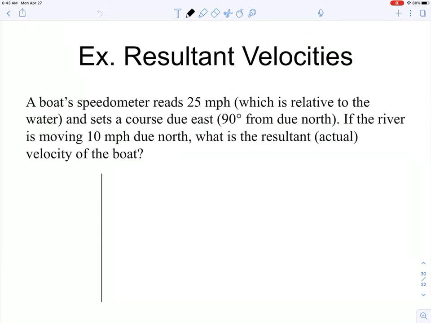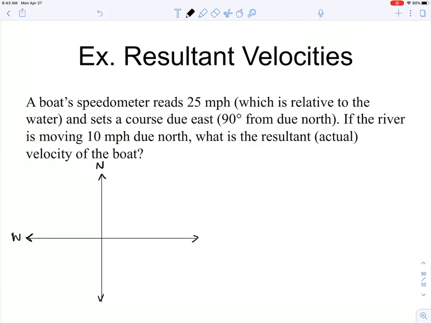Okay, so let's draw this picture in the two-dimensional plane, so in the XY plane. We're going to represent with vectors the velocity that the boat is attempting to drive at or move at, and then also the velocity of the water in order for us to find the resultant velocity of the boat, so the actual velocity of the boat.